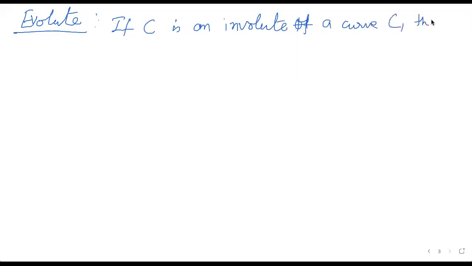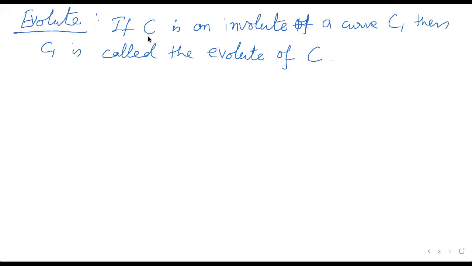If C is an involute, then the involute of a curve C1, then C1 is called the evolute of C, right.